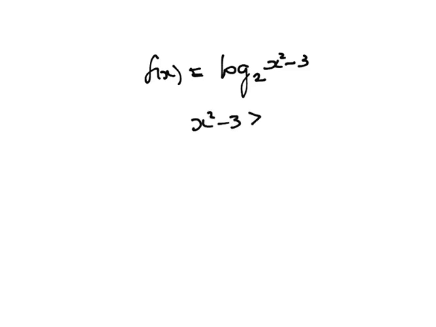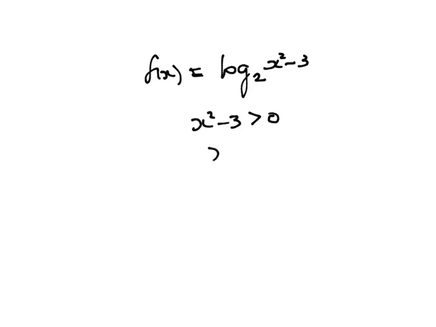So let us say f of x equal to log of x squared minus 3 to the base 2. Again, this x squared minus 3 should be greater than 0.